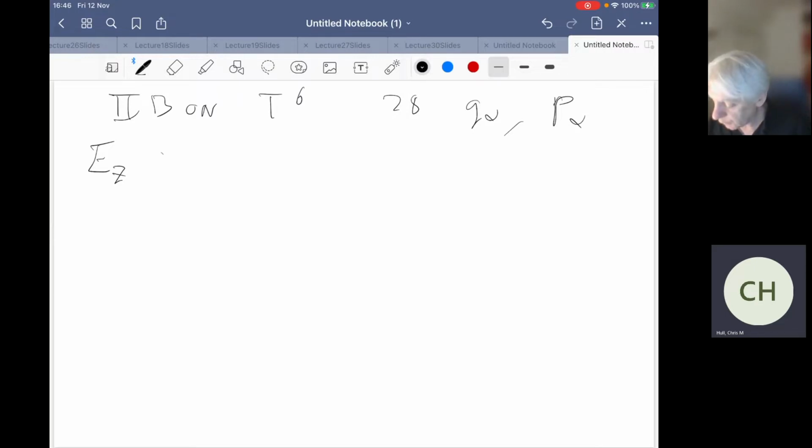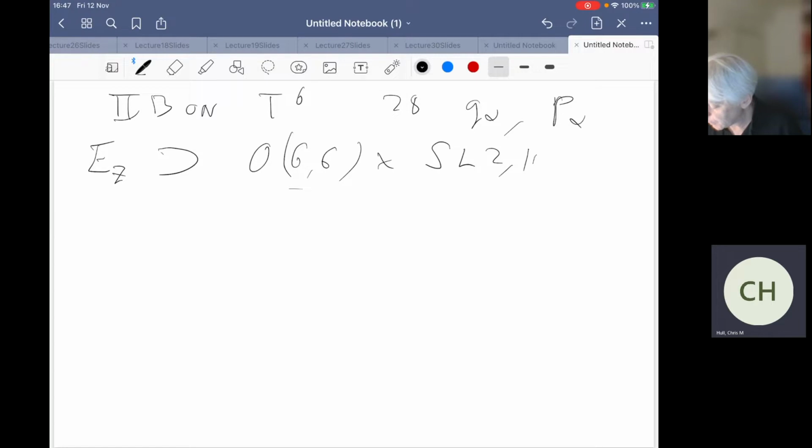But there's a subgroup we can understand, which is the T duality group O(6,6). And the complement of this is the maximal compact subgroup, which is an SL(2,R) group.